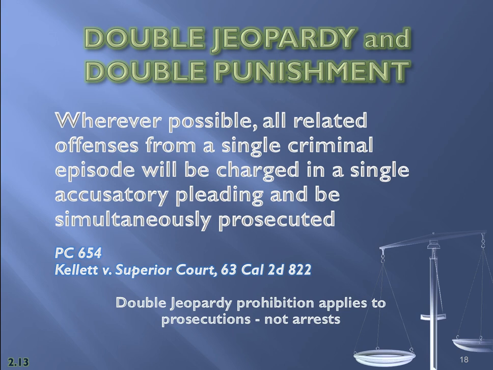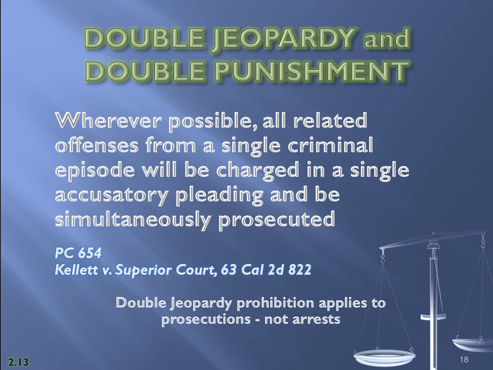Meaning that they're looking at these as two separate crimes. So assault with a deadly weapon, and then I take something from you, or I rob you. The crime of robbery includes at least one element, taking of property, that is not an element of ADW, or assault with a deadly weapon.